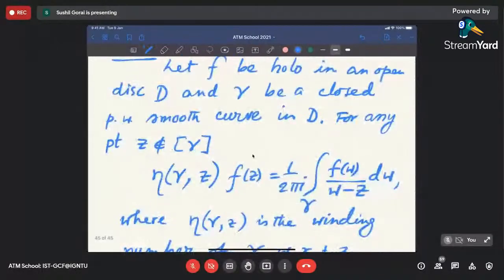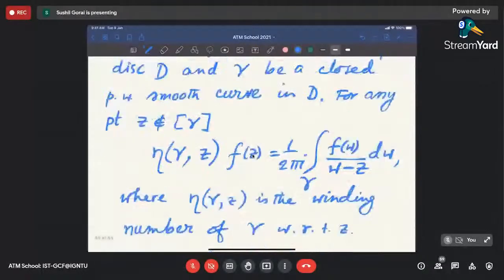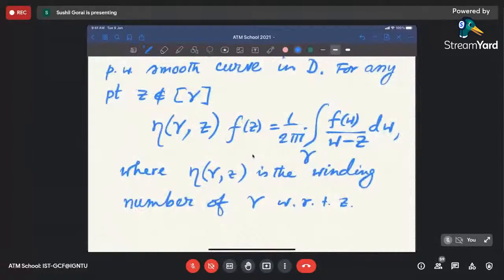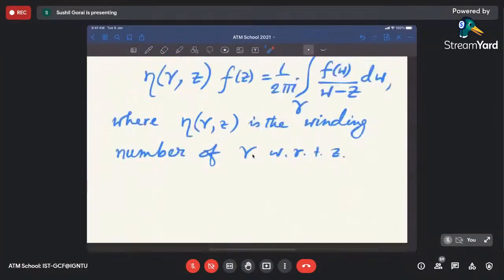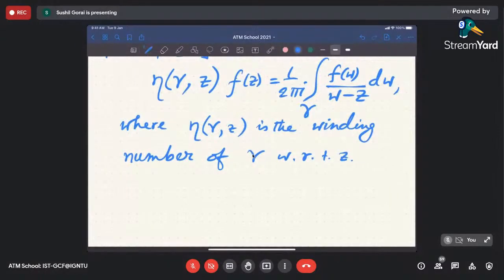So if it is a simple closed curve, the winding number would be 1 for points inside, and it will be just F(z) is 1 over 2 pi i integration F(w) by w minus z dw. For example, if you look at a disk here, and a curve inside here, a small disk.